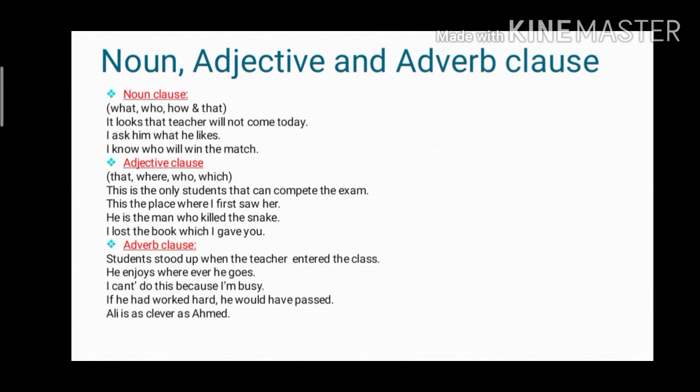Here we have replaced Ali by the word who. So we can say that such words, what, who, how and that, when they are used to make a clause, should be referred to as a noun clause.